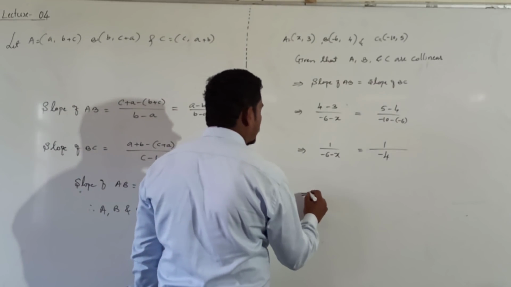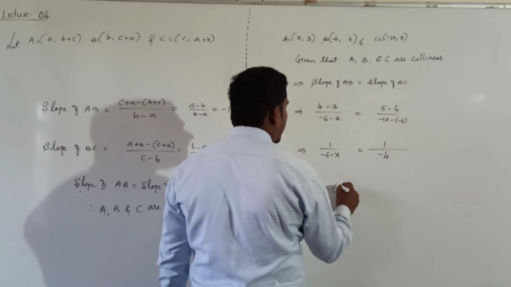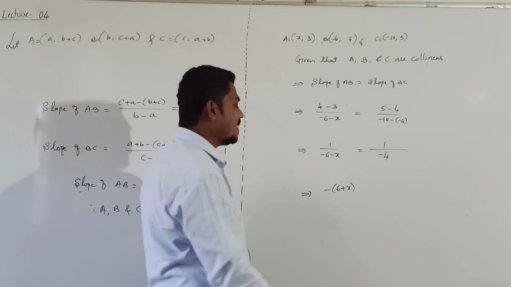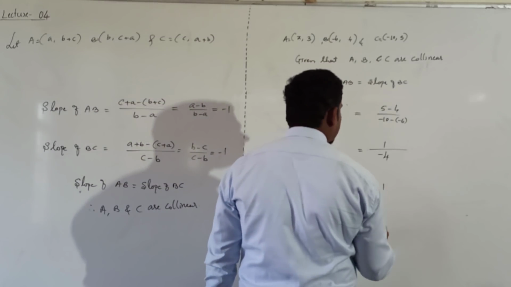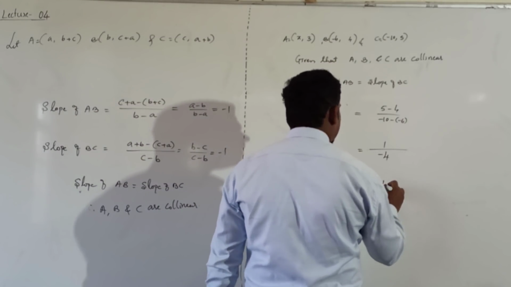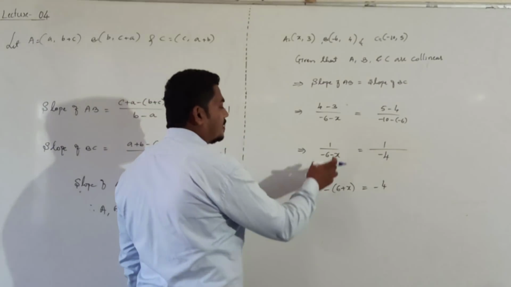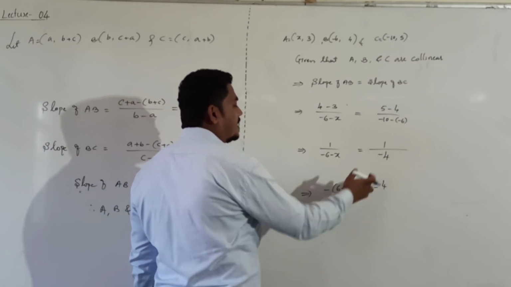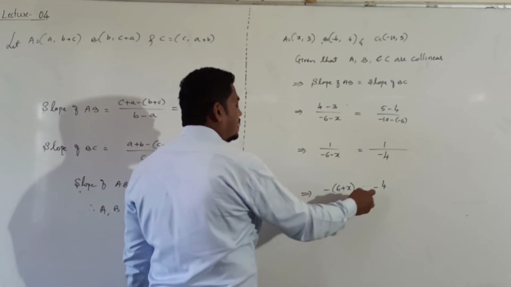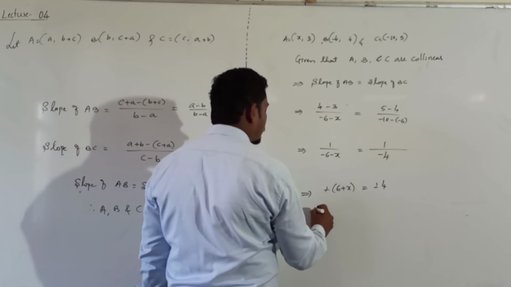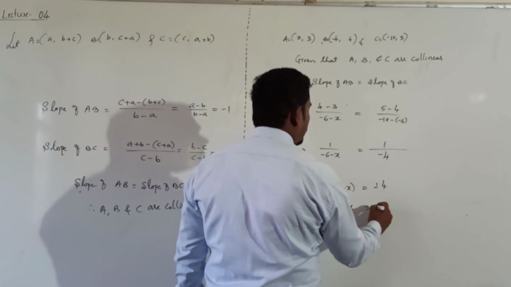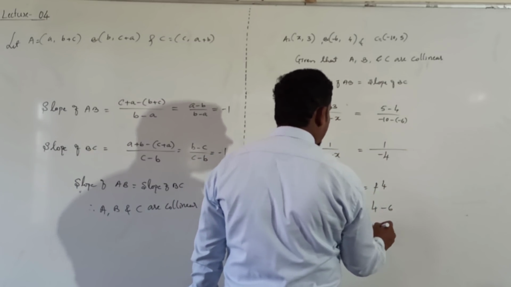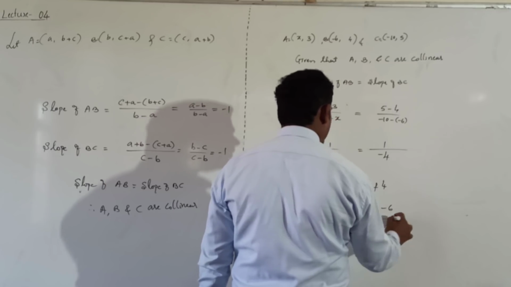Now just rewrite it: minus of 6 plus x, taking the negative sign common, that's equal to minus 4, just taking reciprocal. Numerators are equal and denominators, or else just cross multiplication. Then the negative sign gets cancelled. Then x equal to plus 4 minus 6, therefore x equal to minus 2.